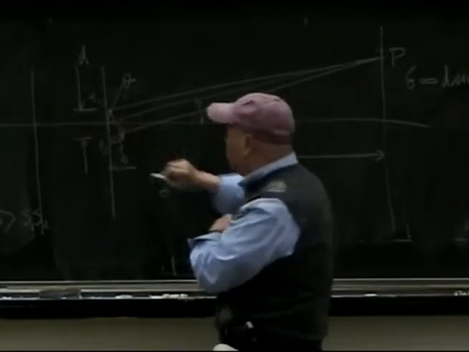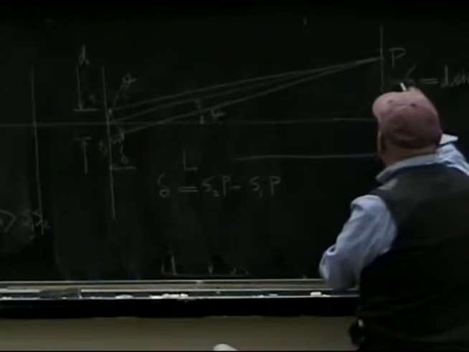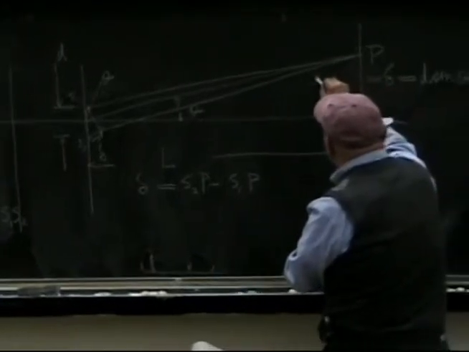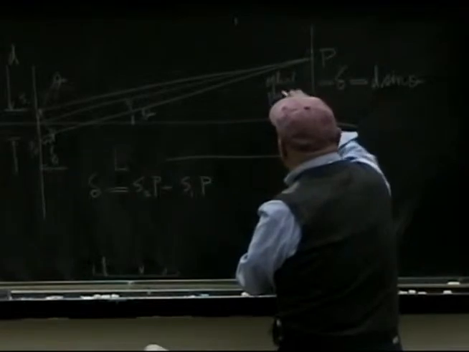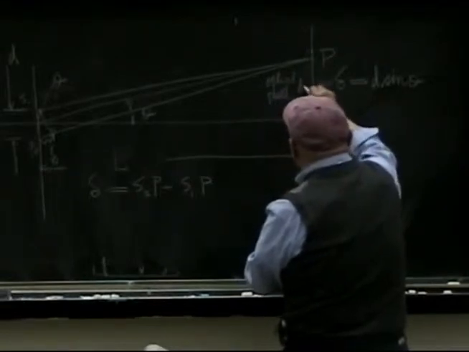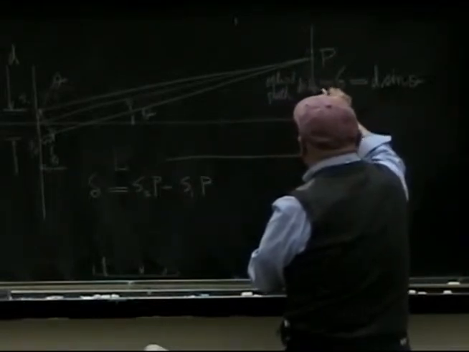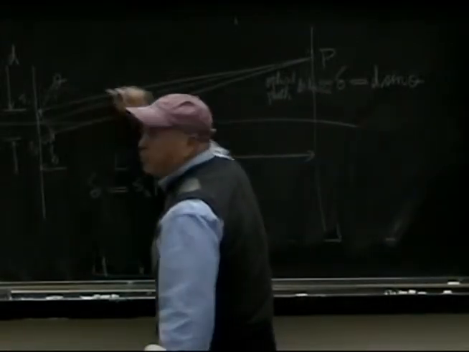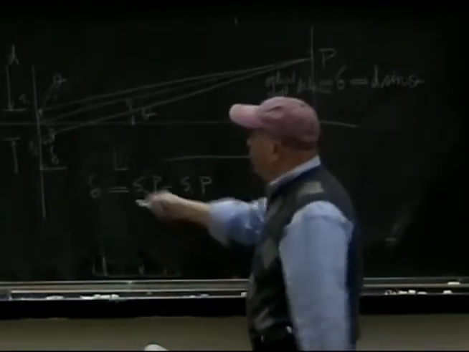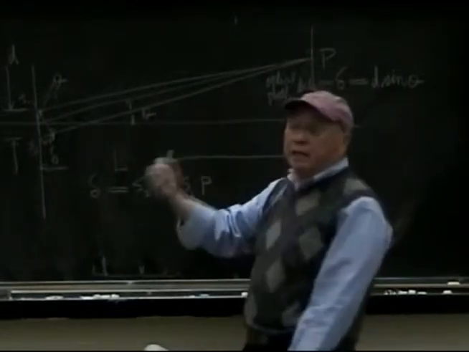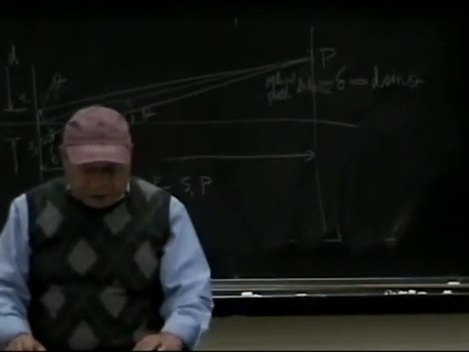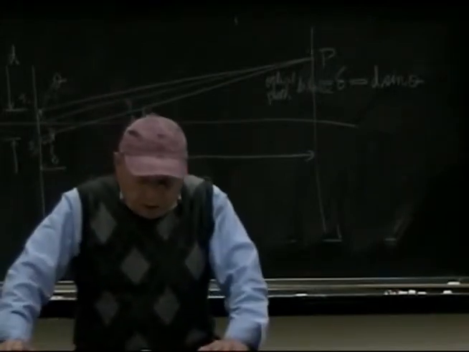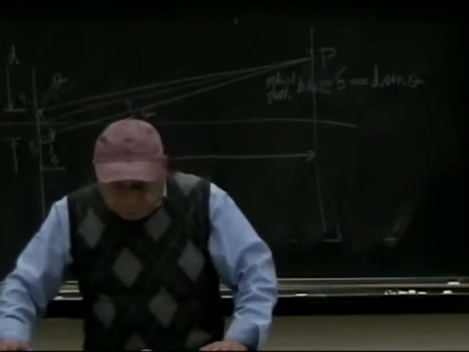The path length distance delta, you can call it the optical path distance. So S1P is one optical path, and S2P is another optical path. That comparison between the distance between them, that's the way.